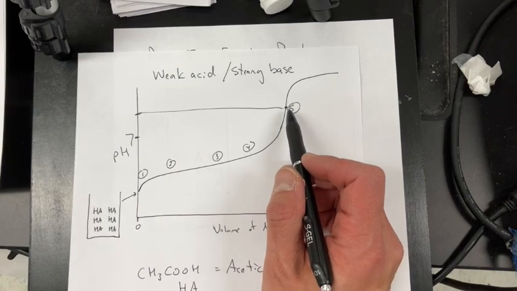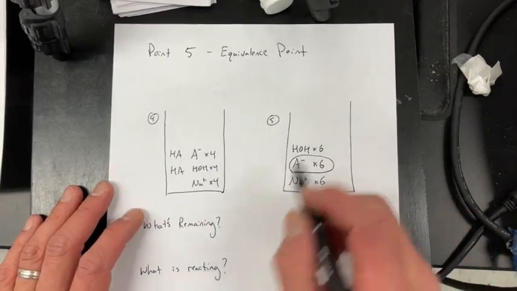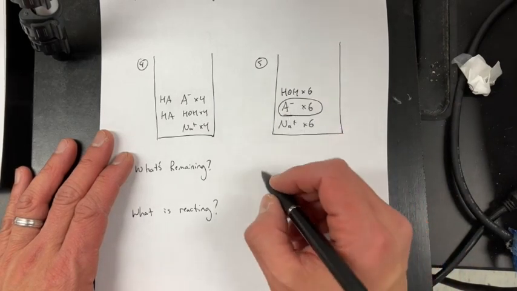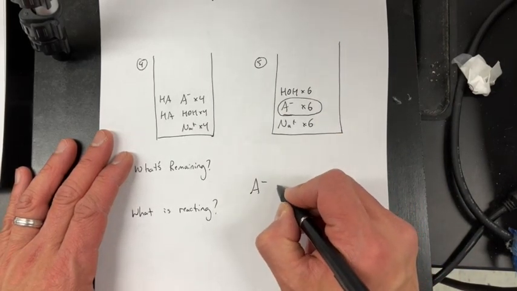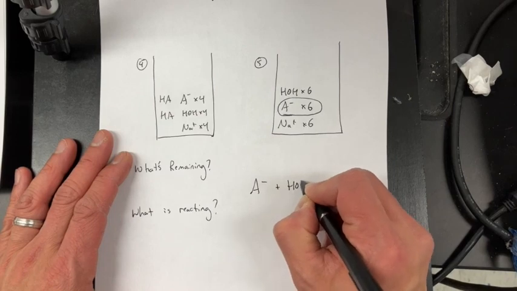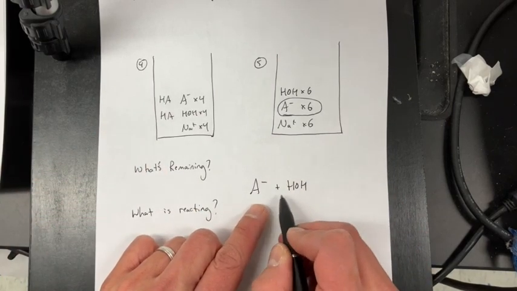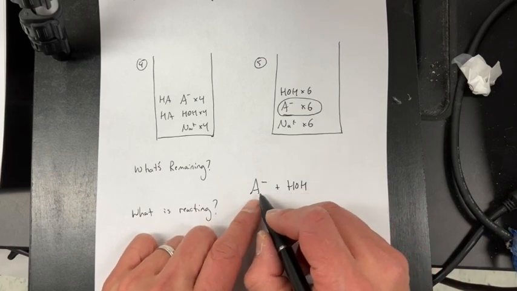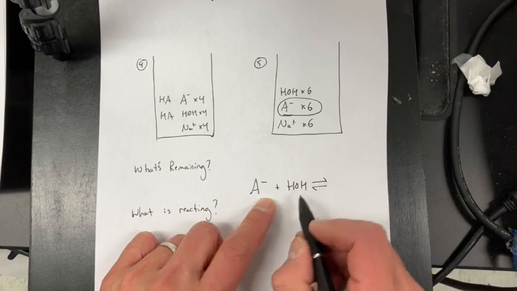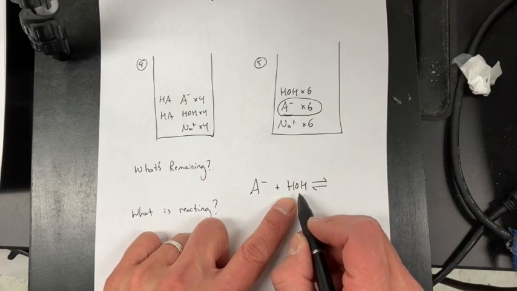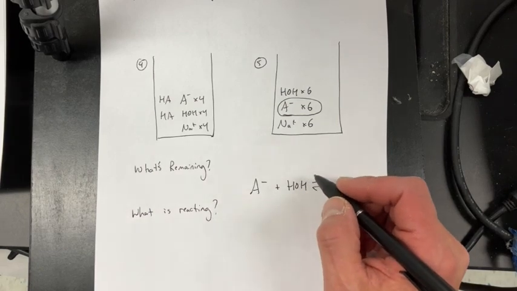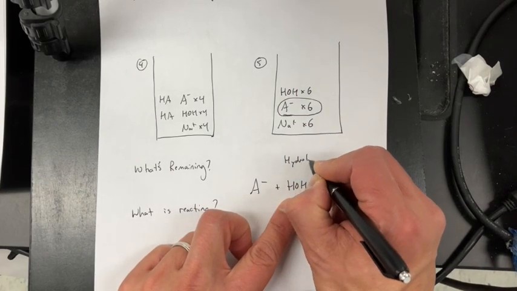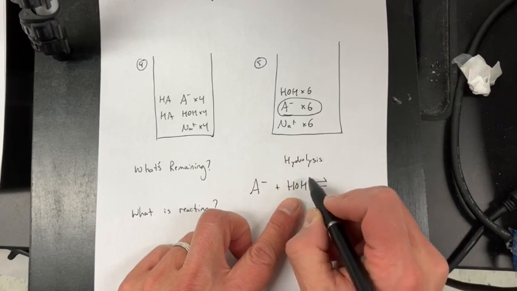So why is that? Well, at the equivalence point, the A negative is going to do something. So A negative, if it is with water, okay, remember A negative is not just any spectator, it's a conjugate, and it's actually going to react with water. So water is going to undergo what we call hydrolysis. So hydrolysis happens, which means that water breaks apart.